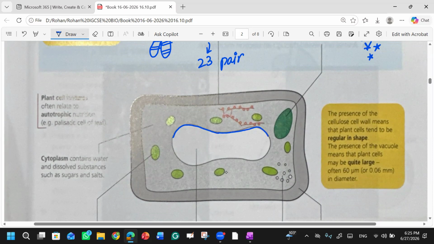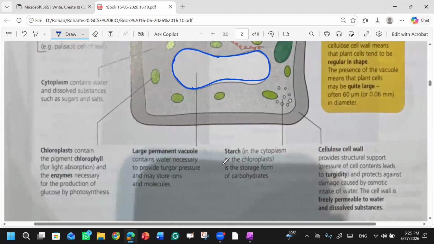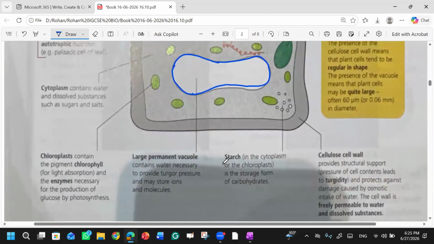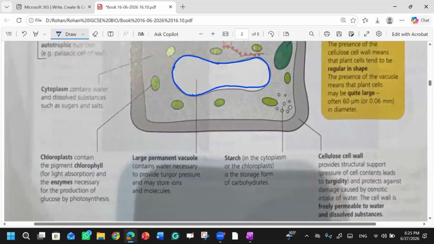I told you one important thing about this: on this vacuole, the shape of the leaf depends. You remember turgidity versus flaccidity?